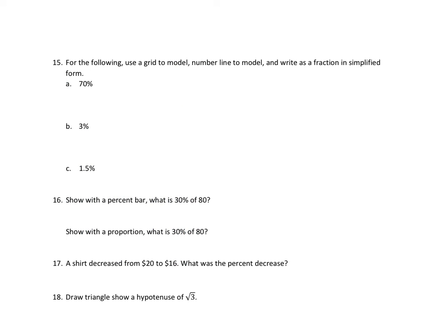All right, for the following, use a grid to model, a number line to model, and write as a fraction in simplest form. So it says a grid. It's talking about the hundreds grid. So let's just draw a little quick one since I didn't put it in here. So talking about that now, 70% is really 7 of the columns in the 100 grid.